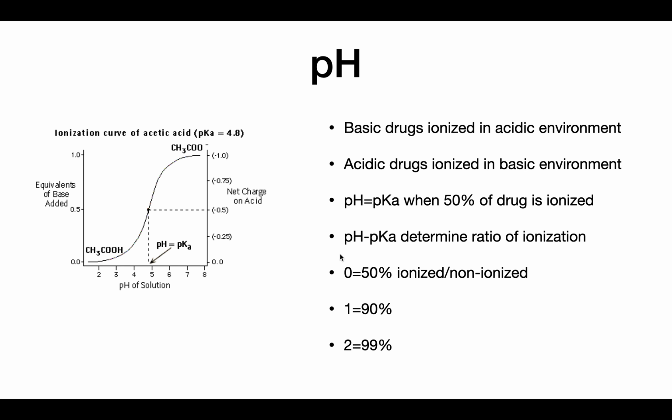So when pH minus pKa is 0, it's 50% automatically, and if it's 1, so if the pH is, let's say, 7 and the pKa is 6, the difference is 1, and 90% of the drug is ionized. If it's 2, about 99% of the drug is ionized.